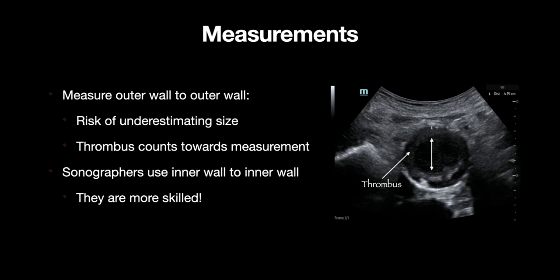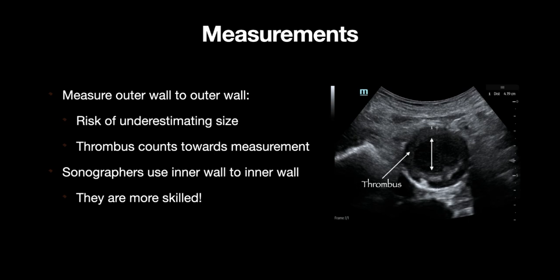That's with the dotted line of the calipers, but the straight line with arrowheads shows the inner lumen of the vessel. So I haven't measured that, but you can see if we didn't include the thrombus in the measurement, we would significantly underestimate the size of the vessel. So it's really important to remember that any thrombus you see needs to be included in the measurement.